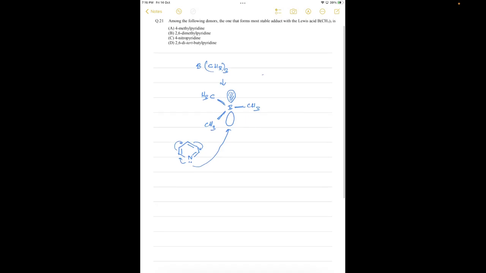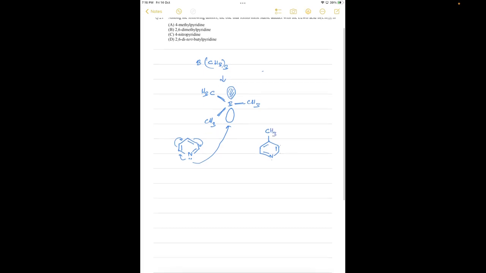Now the structure of 4-methylpyridine is like this. This is the 1, 2, 3 and 4 position. So 4-methyl means there is a methyl group here.